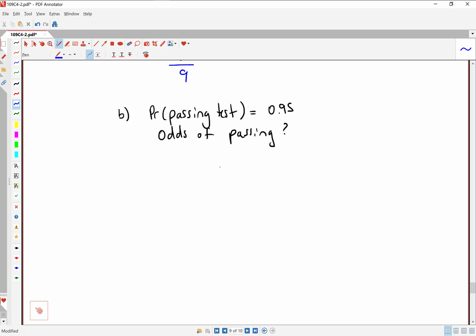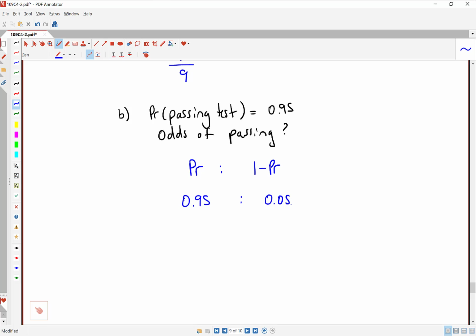So when you talk about odds, you're talking about a ratio between the thing happening and the thing not happening. It's a ratio of probability to 1 minus that probability. So we would start off with something that looks like 0.95 to 1 minus 0.95 is 0.05.